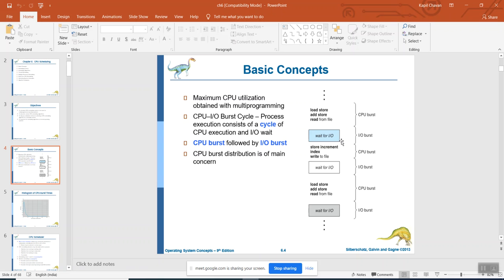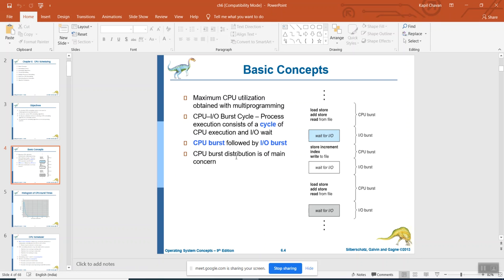Later the CPU is again assigned to the process, then IO, and this sequence is followed. That is one process cycle for that process, and that cycle is nothing but the CPU burst and the IO burst.